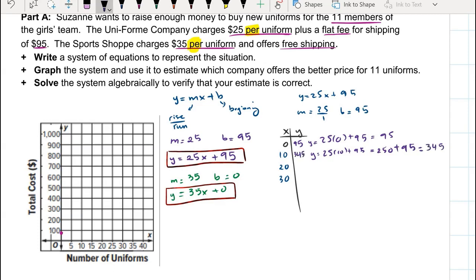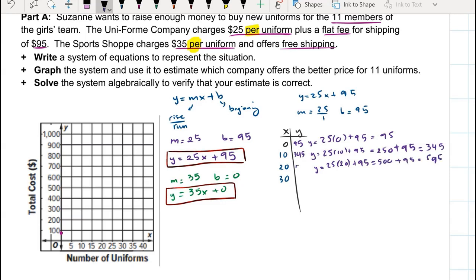You can skip this step faster by using your calculator. Then y equals 25 times 20 plus 95. 25 times 2 is 50, add another 0, so it's going to be 500. Plus 95, that will be 595.